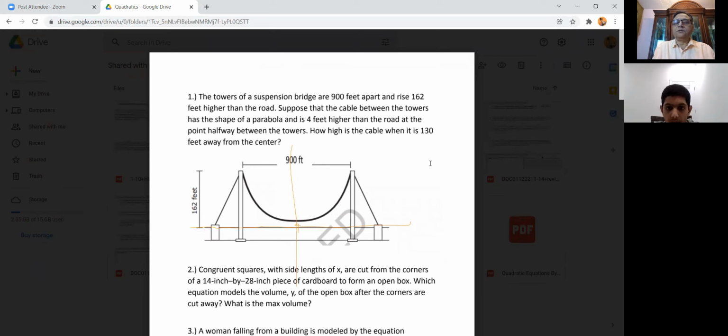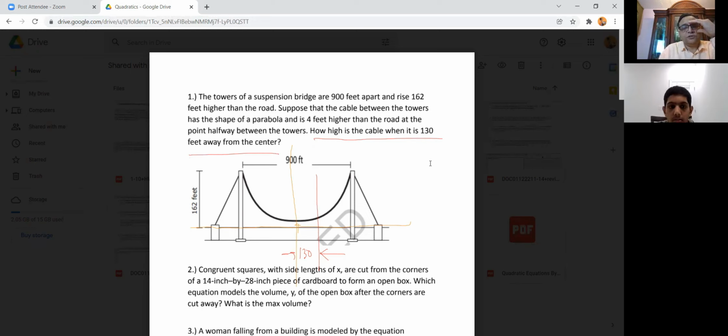How high is the cable when it is 130 feet away from the center? So 900 means 450 on each side. Let's say this is somewhere here, so this distance from the center is 130. We want to find how high is the cable, so how high from the road, correct? That is the question.